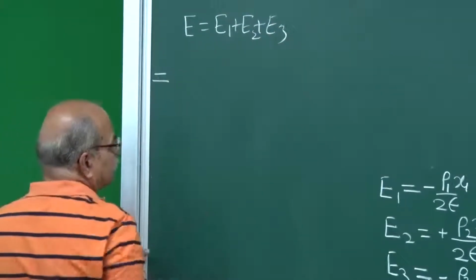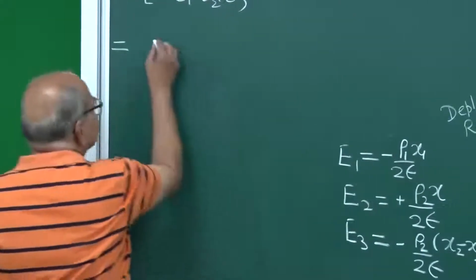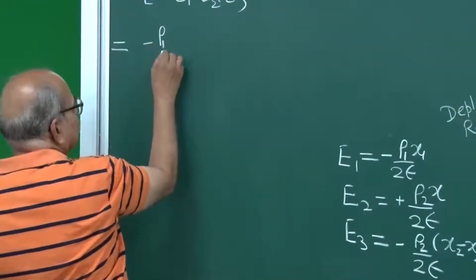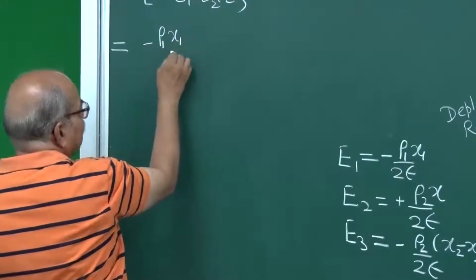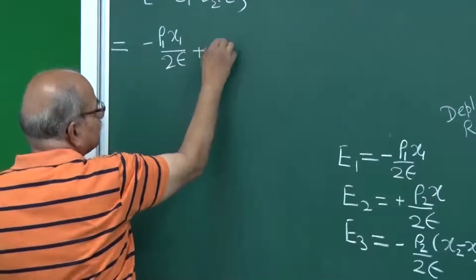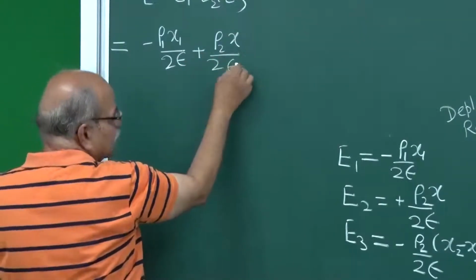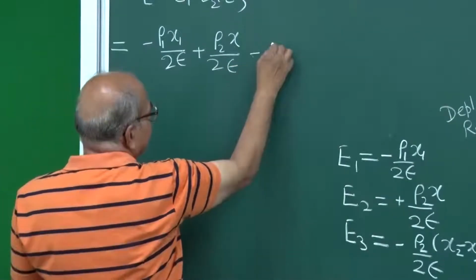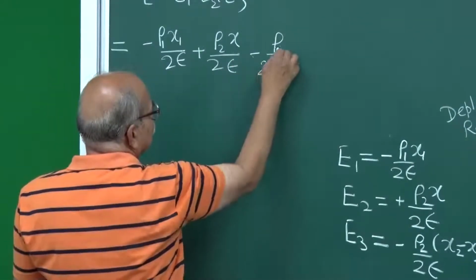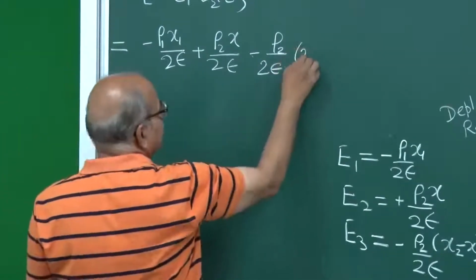and that is minus rho 1 x1 over 2 epsilon naught, plus rho 2 x over 2 epsilon naught, and then minus rho 2 over 2 epsilon naught times (x2 minus x).